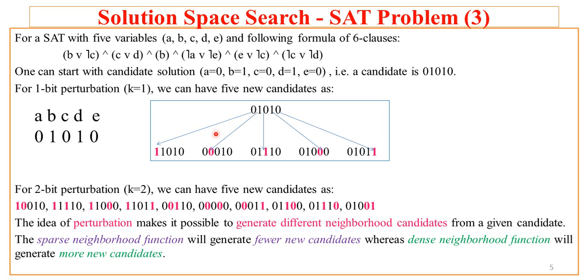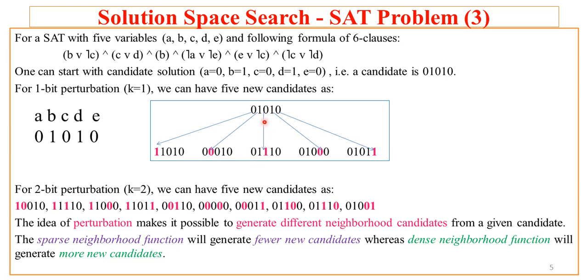So first it changes bit A, so then this given pattern of A, B, C, D, E will be like 1, 1, 0, 1, 0. So bit A is changed. Now next time bit B will be changed, so it is 0, 0, 0, 1, 0. Now C will be changed.